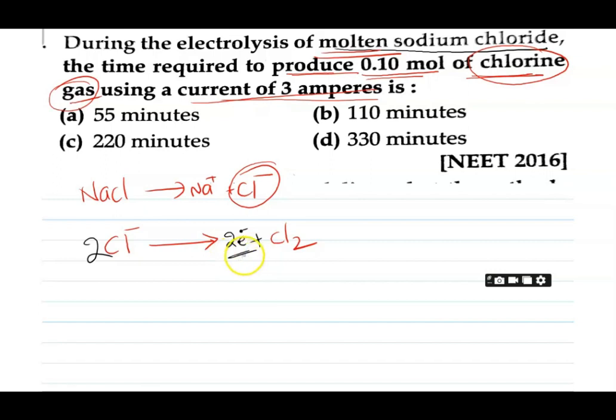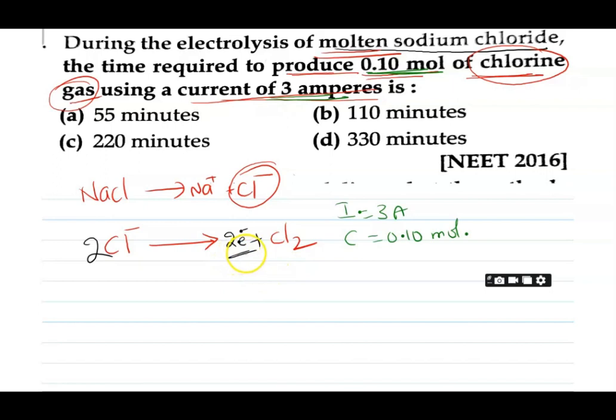So 2 electrons are required. Now let's go to the question. He has applied a current of 3 amperes, and the amount is given as 0.10 moles of chlorine.